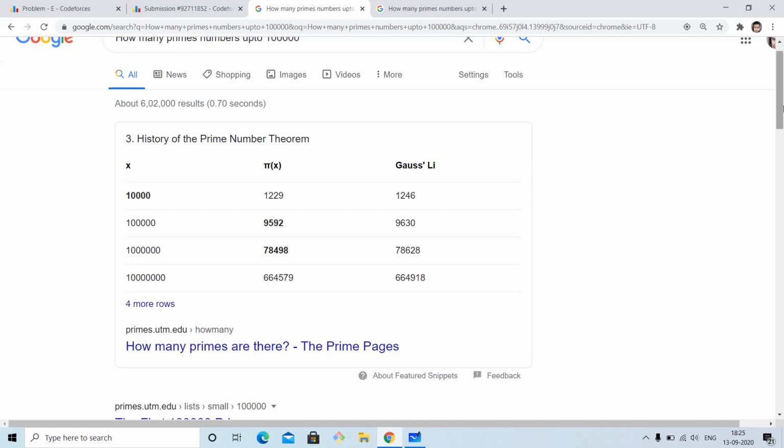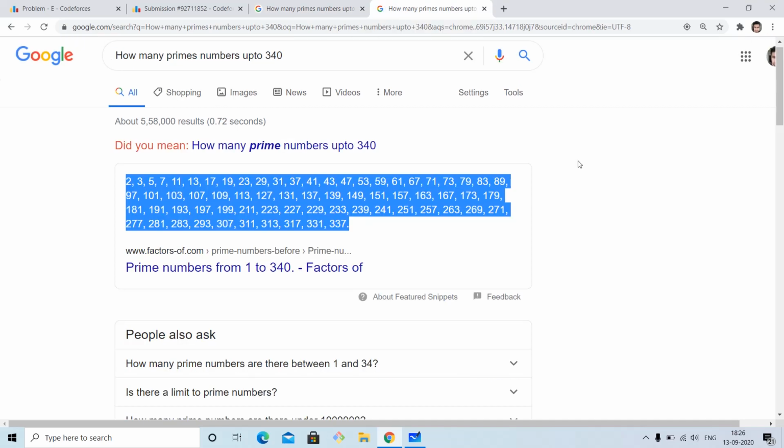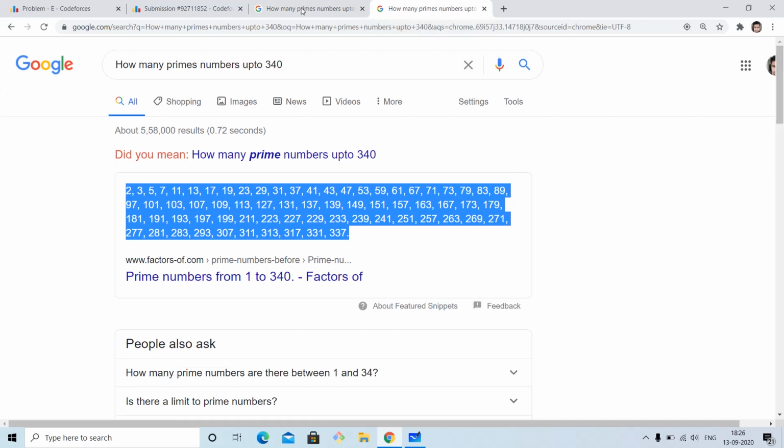If we go through all the prime numbers, we can expect the time limit to be exceeded, because first of all we have to know whether each number is a prime factor of our element x or not. That takes around two queries, a B query and an A query. So it will give us time limit exceeded, and we cannot proceed in this way with all the queries being processed.